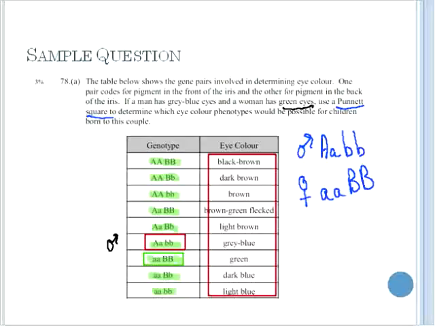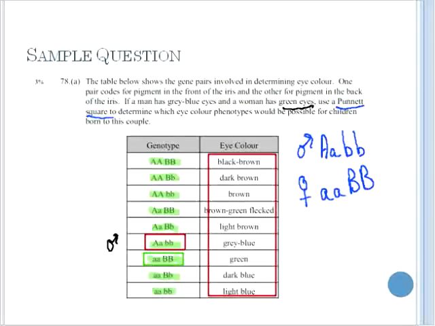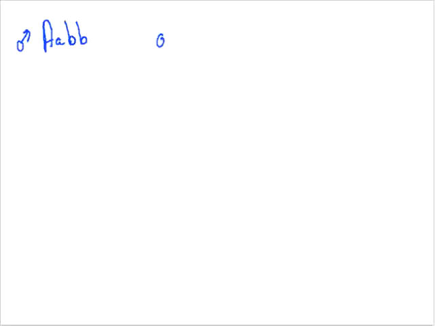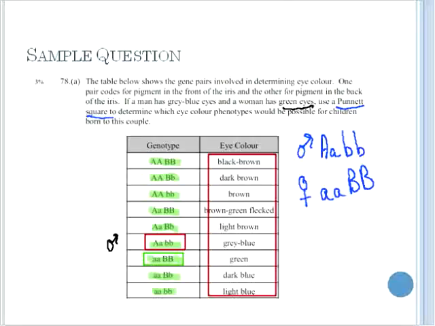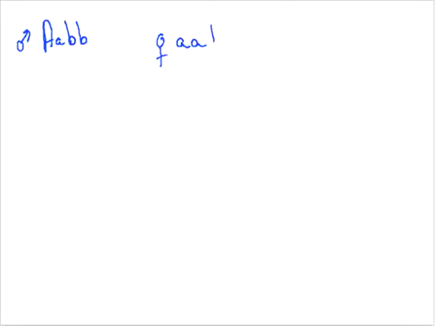To do this, the first step is to look at the possible alleles. Again, this is the man, and as per the chart, the female is as follows.